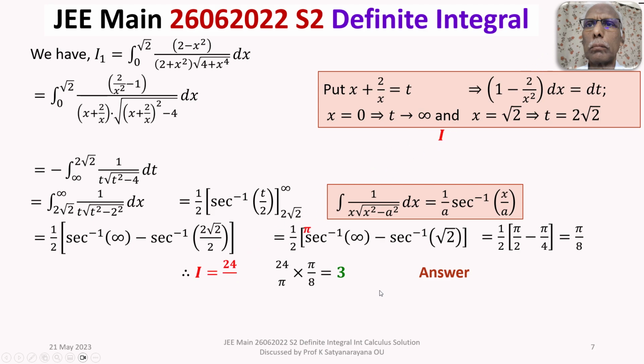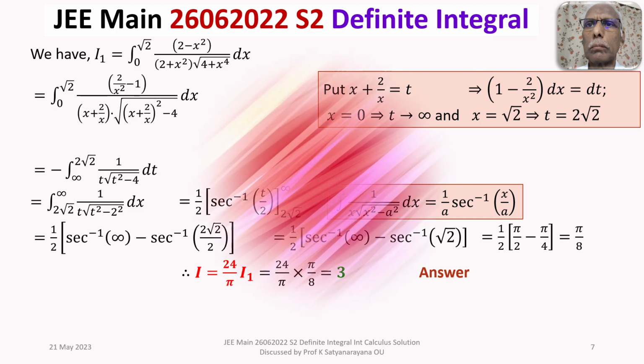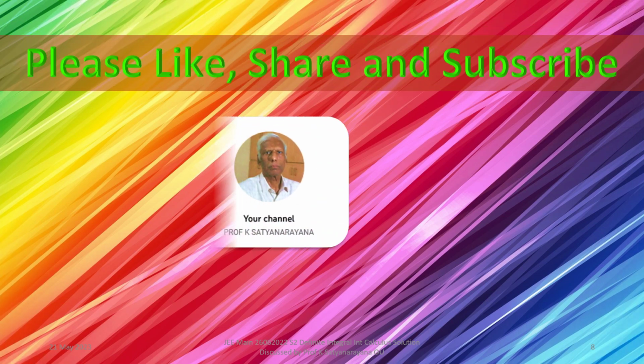That is the answer to this question, and that is the detailed discussion of the solution of a problem from integral calculus. The question is to evaluate a given definite integral. I am sure that you have understood the solution of this problem, and I wish you all the best. Thank you.